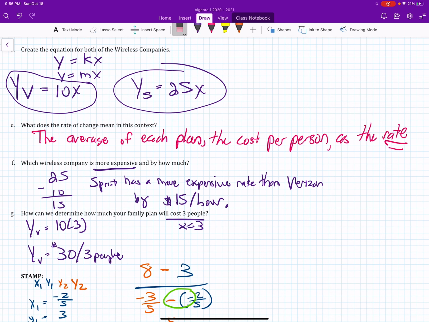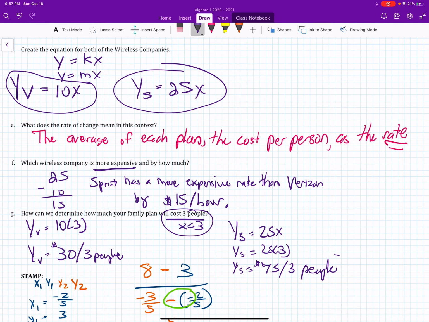And for Sprint, we know it's 25x, but because x equals 3, it's $75 for 3 people. And there we have it.